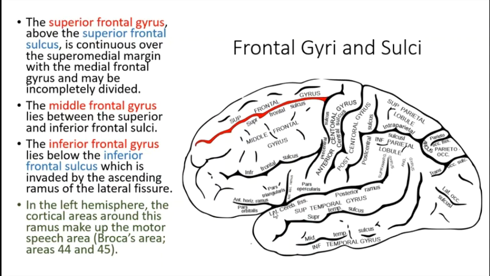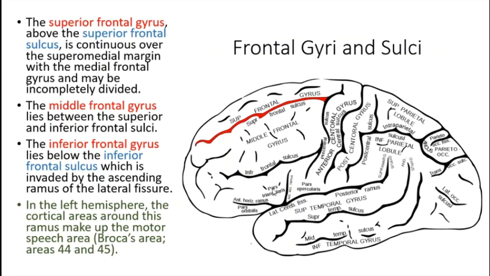Now, as I told you, in the sylvian fissure there were two rami, and they relate to this area. There was an anterior horizontal ramus and an anterior ascending ramus. These two rami divide the inferior frontal gyrus into three parts: pars orbitalis, pars triangularis, pars opercularis.